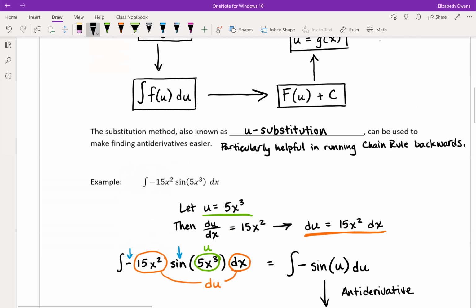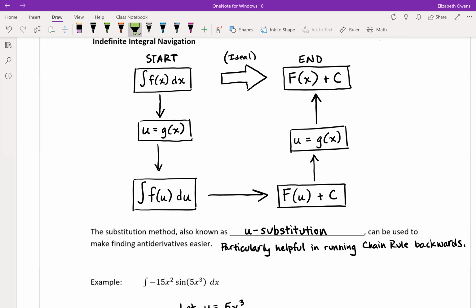Right now, as far as our roadmap goes, we are located right here. We found the antiderivative, but it's still in terms of u, which is not really what we wanted. We want to get back here where everything's in terms of x again. So we need to pass through our substitution one more time and switch everything back to x's.